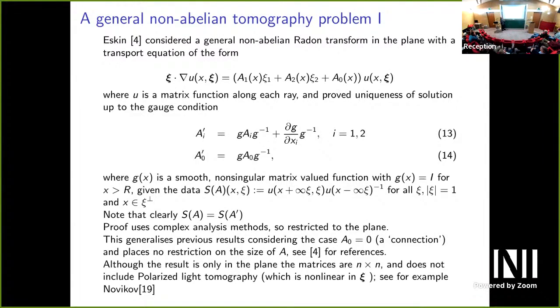So this is an interesting example of a nonlinear inverse problem. It's rich because we're measuring a matrix for each line, and we're trying to recover a vector field, a magnetic field. It's nonlinear because we have an ODE along the way that's not scalar.